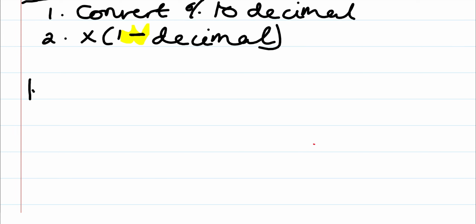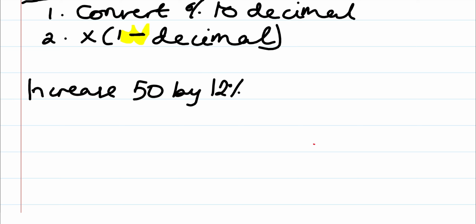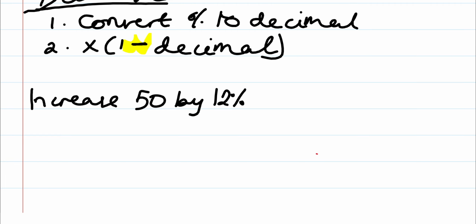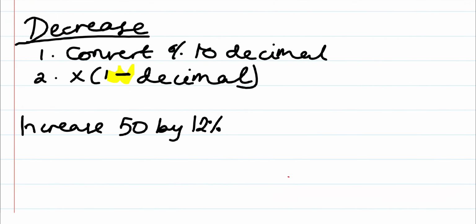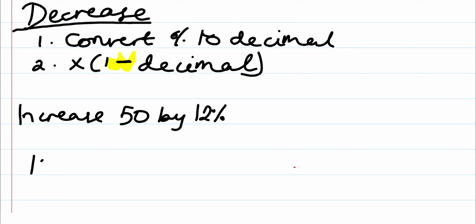Suppose we want to increase 50 by 12%. We'll follow the steps that we've written out before. 12% as a decimal is the same as 0.12.